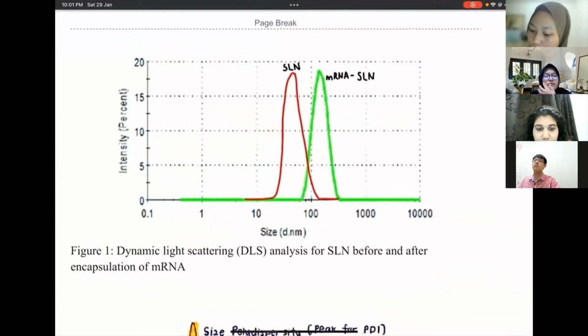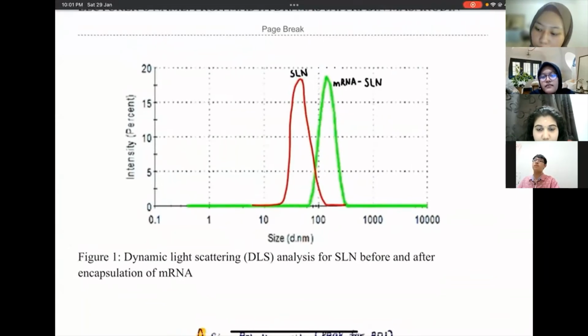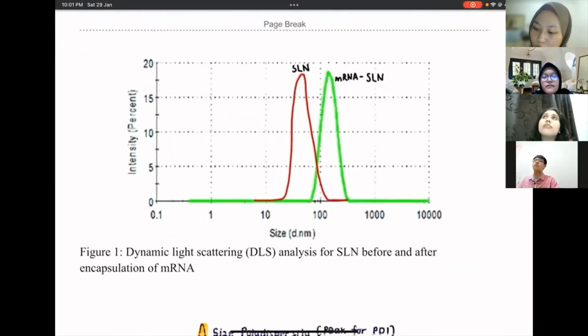In measuring the size of nanoparticle vaccines, I think the characterization of size is important because we want to know whether the mRNA vaccine is successfully encapsulated in the solid lipid nanoparticle or not. So by using the LS, I think we can know whether the mRNA is in the SLN or not by looking at the increase in size.